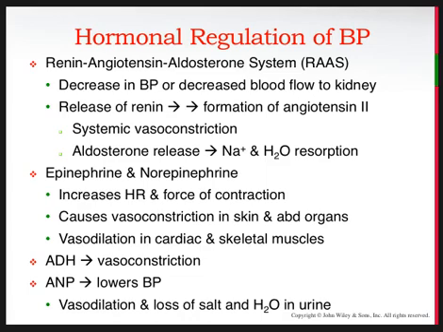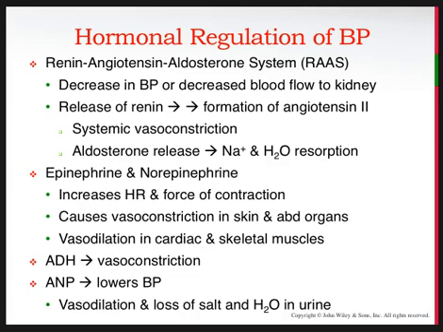We have the catecholamine system from the adrenal medulla in epi and norepi. They're going to directly increase the heart rate and the force of contraction, thereby increasing blood pressure. They're also going to aid in the vasoconstriction at the skin and abdominal organs, and vasodilation to the cardiac and skeletal muscles. ADH, antidiuretic hormone, is going to cause a vasoconstriction.